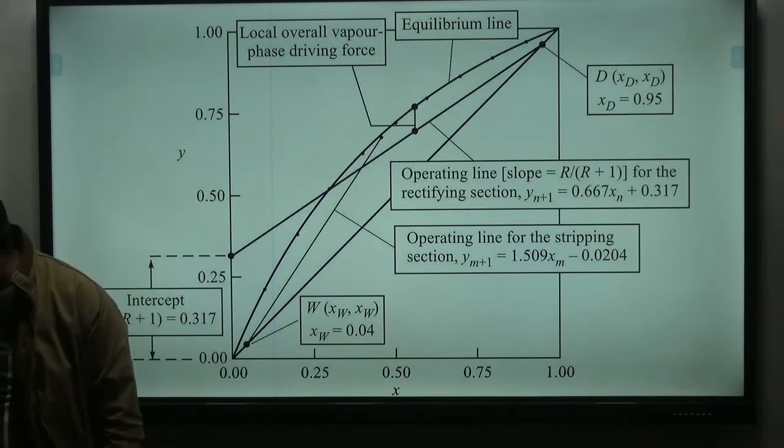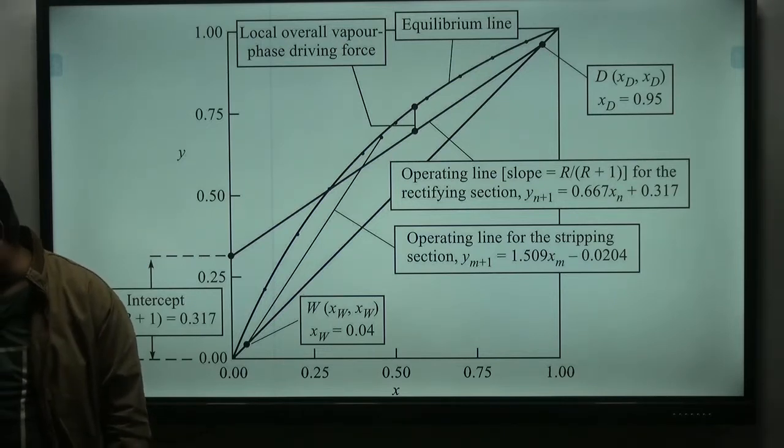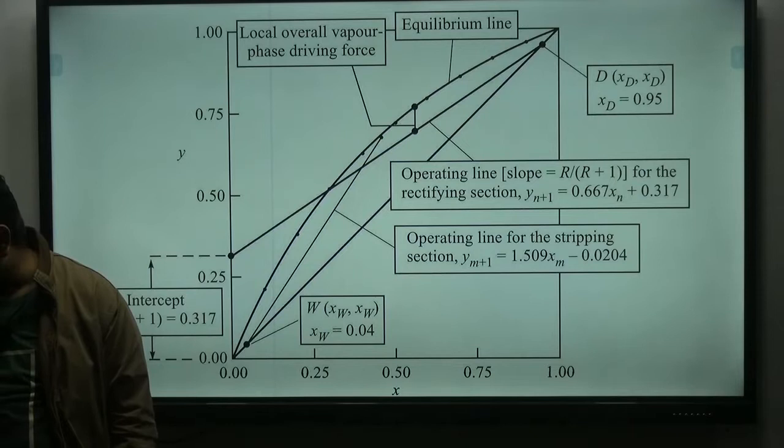Reflux ratio almost 2, and boil-up ratio 1.96. Khushi says reflux ratio 1.5.